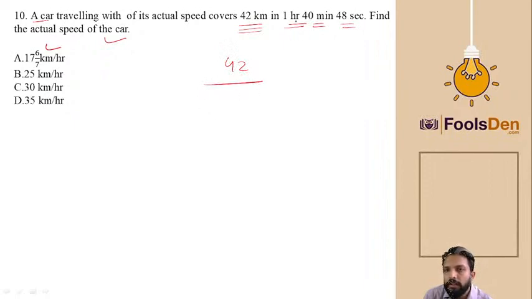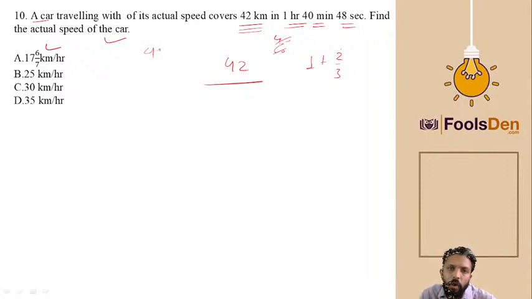Now we have to convert this whole thing into hour. That is 1 hour, not an issue. Plus 40 minutes, so 40 minutes can be done as 40 by 3. तो मेरी प्रॉब्लम नहीं. Now the main thing here is 48 seconds.